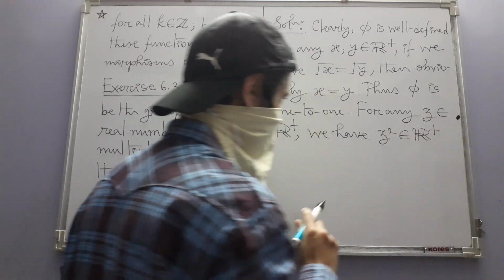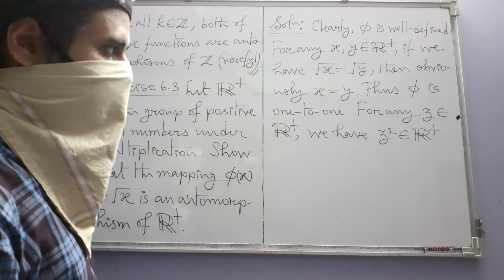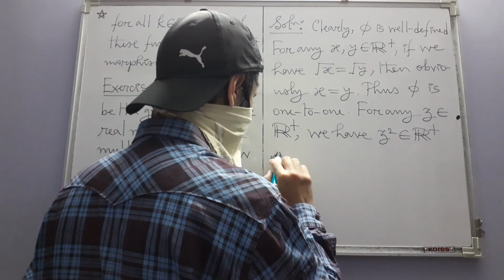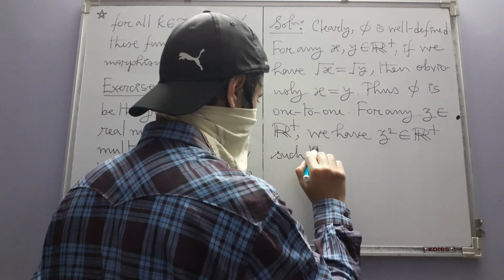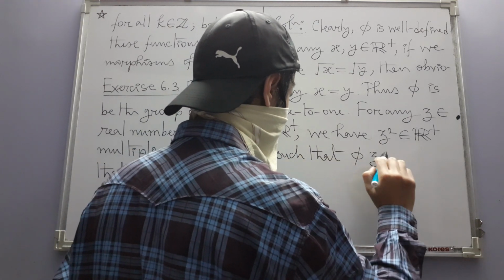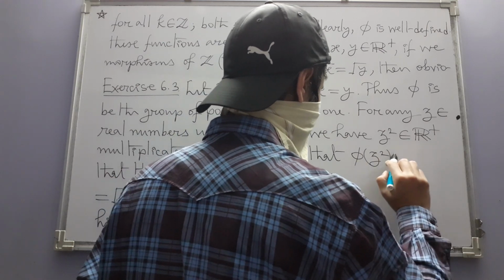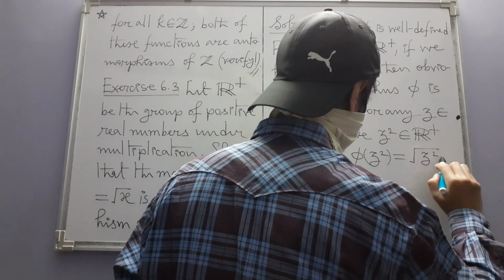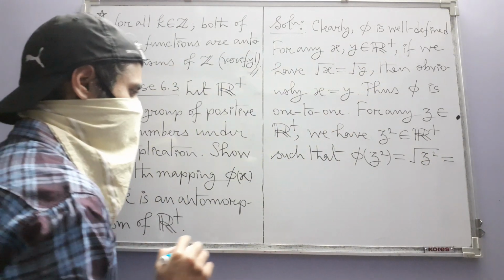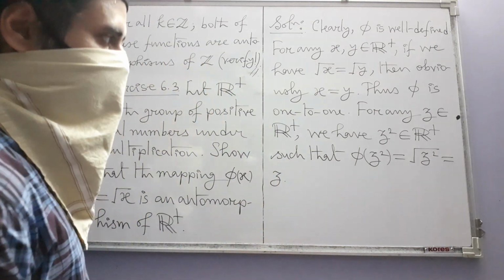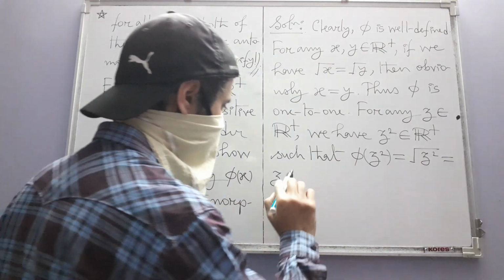That's because if you take the square root of a positive real number, that is also a positive real number, such that phi of this is equal to this, which is equal to z. Hence phi is onto.